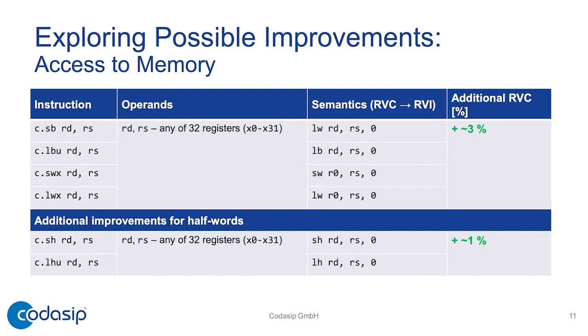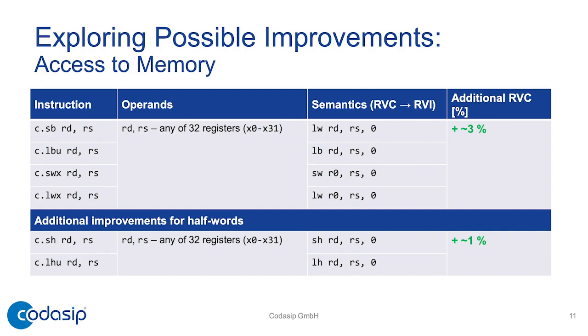So we added a couple of instructions, and this is a list of them. I'm sorry, there's a typo in the semantics, so don't look at that. We just look at the instruction and the operands it has. Basically, we added store byte, load byte, store word and load word, but these work with the full set of registers.